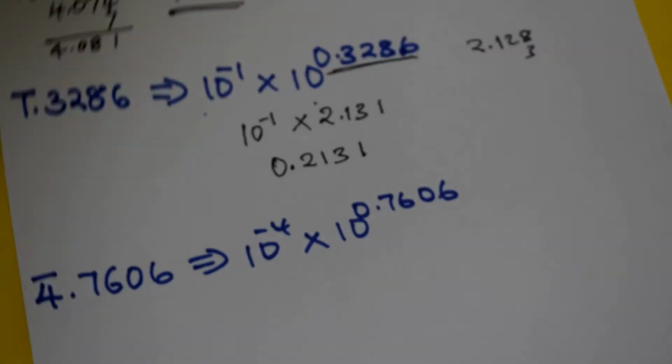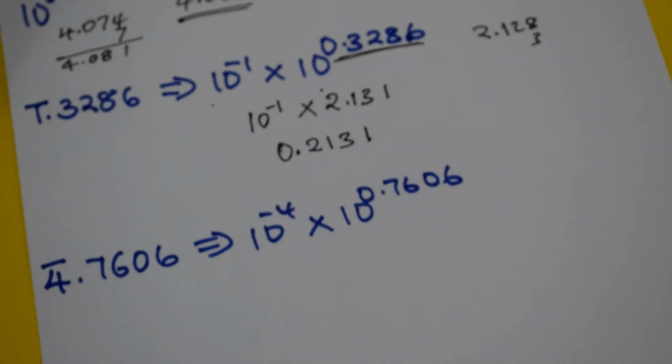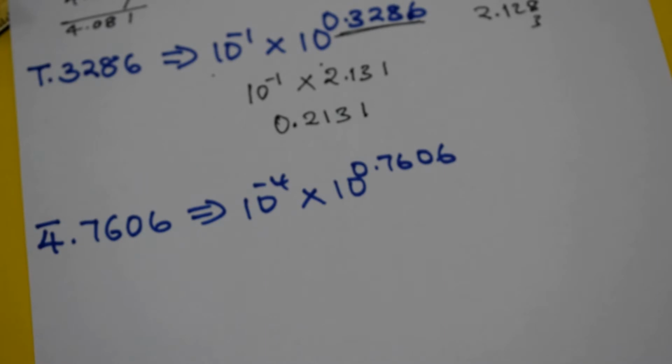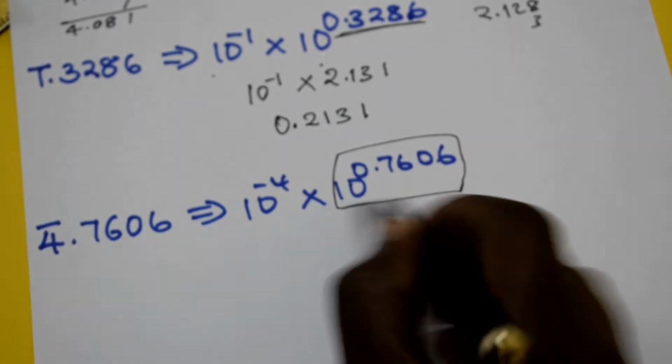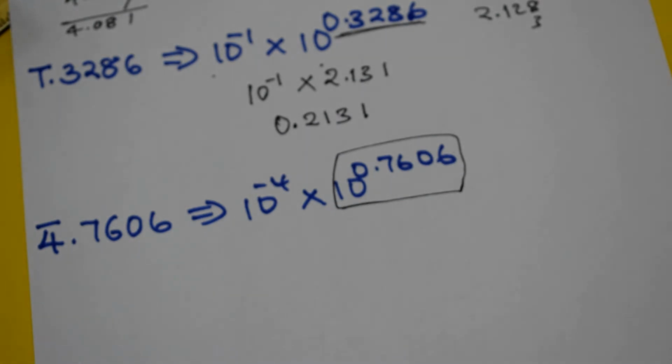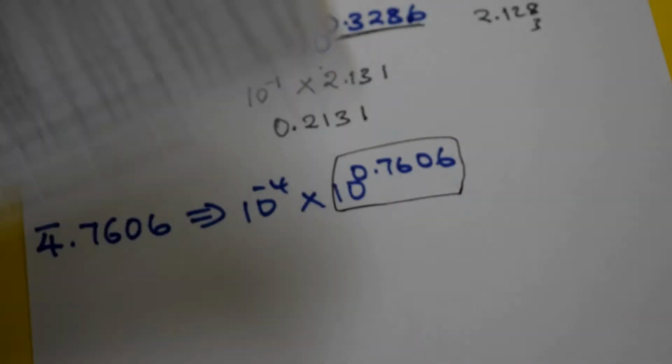And finally, we have bar 4.7606, which is 10 power negative 4. This is what we need to read from the anti-logarithm. Then we get the number multiplied by 10 power negative 4.